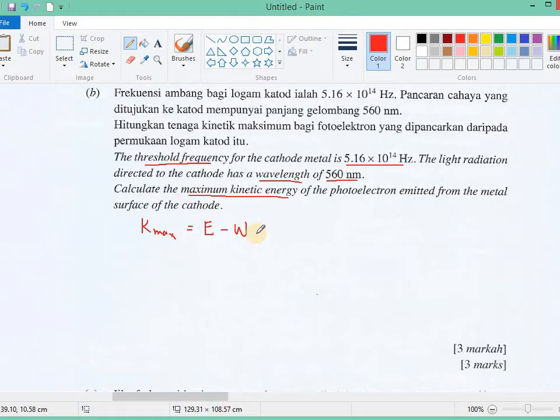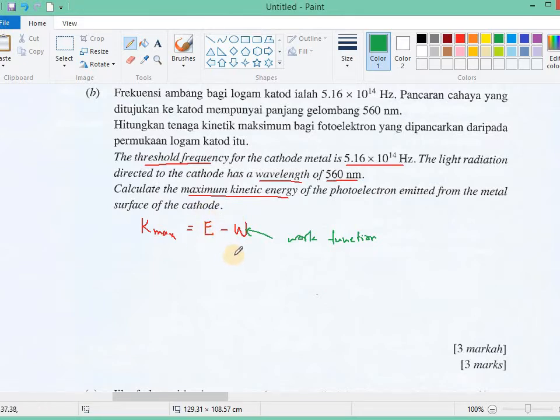The work function is the minimum energy needed for the electron to escape the metal surface.